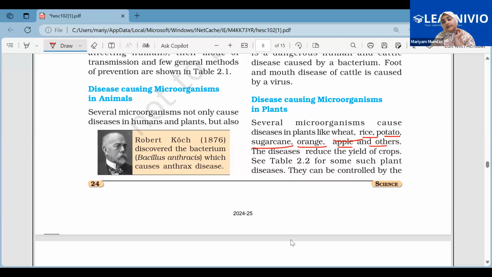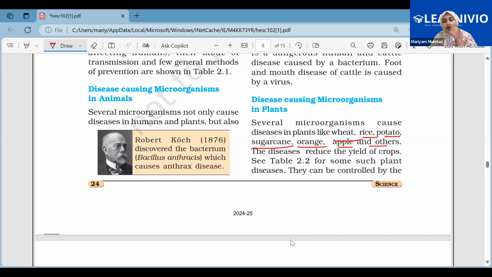Yeah. The first answer is, I wrote, a cell is called the fundamental unit of life because all living organisms are made up of cells, and a cell is also capable of independent existence.